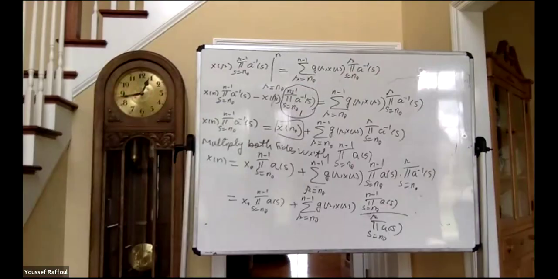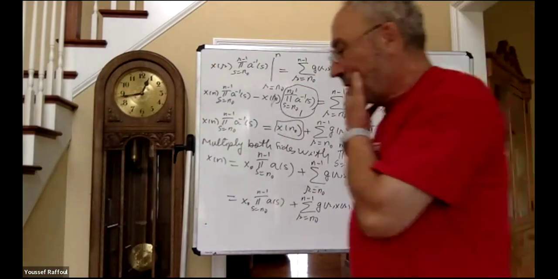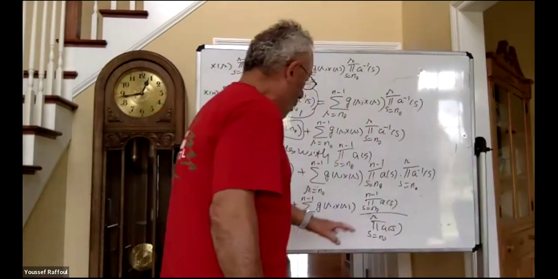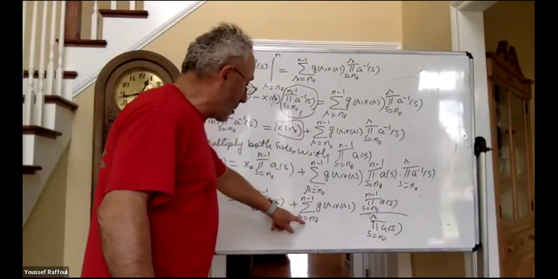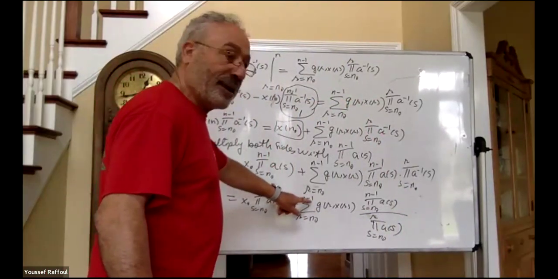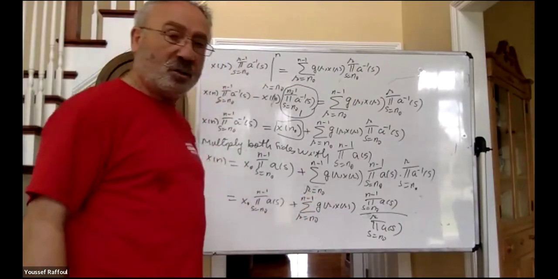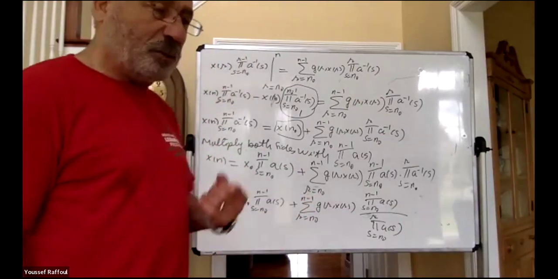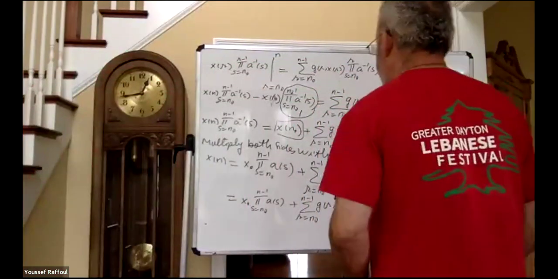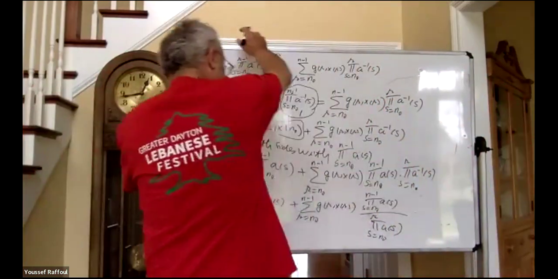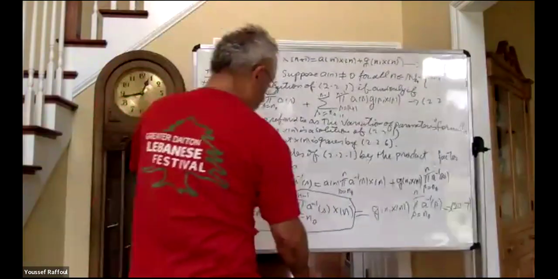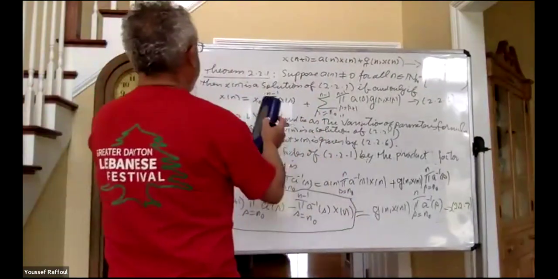Okay? Now, what is that? Let's take a look at this one. What do you think? Okay, first of all, you need to know that r is smaller than n minus 1, because we are summing r from n0 to n minus 1. That means r is between n0 and n minus 1. So let me see what that is. Okay?